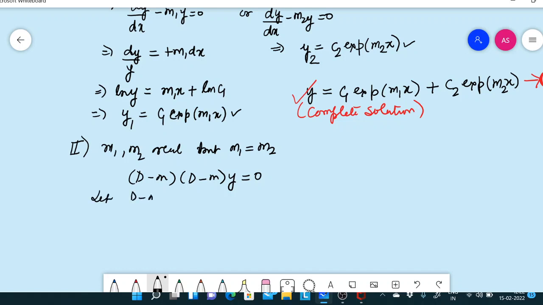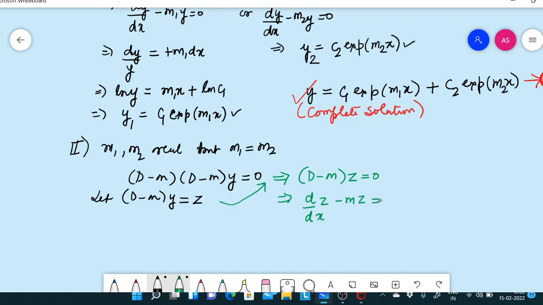Let (D minus m) y be represented by z. So when we substitute here, this will become (D minus m) z is equal to 0, which is a first order differential equation, and we know the solution.